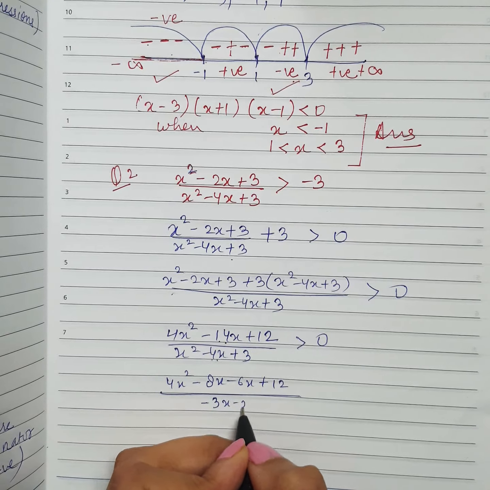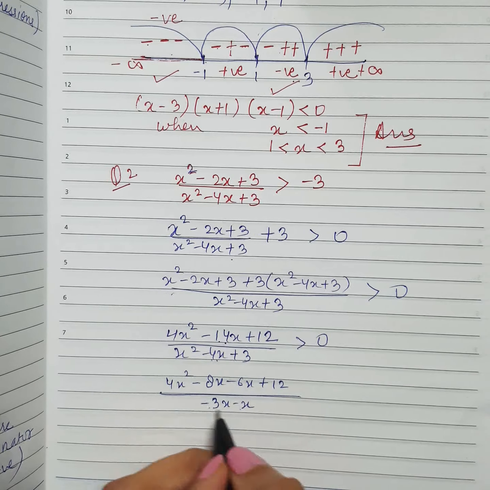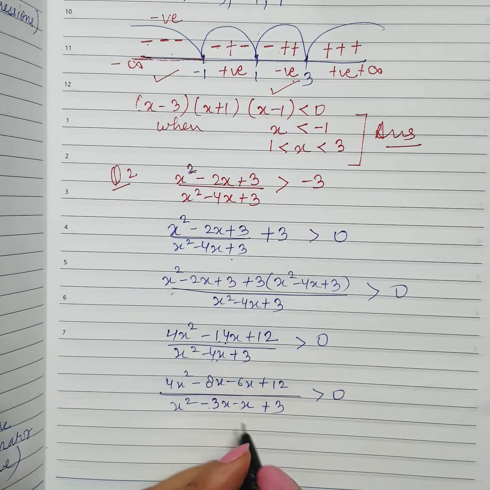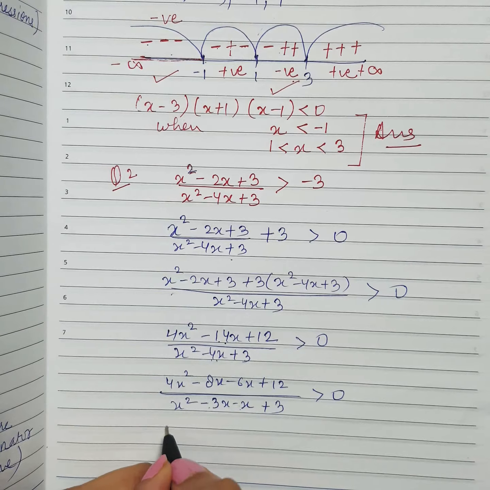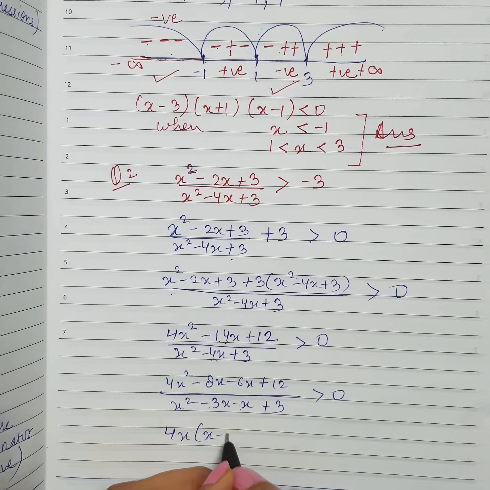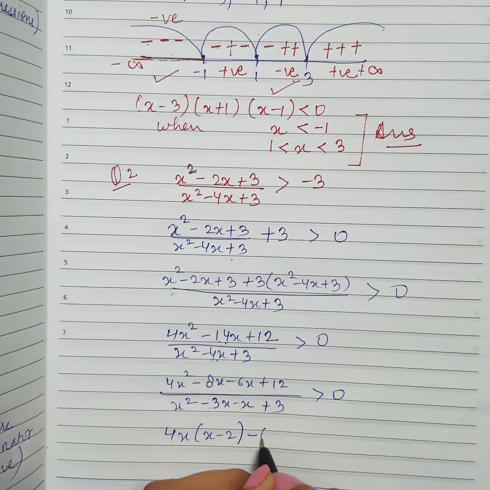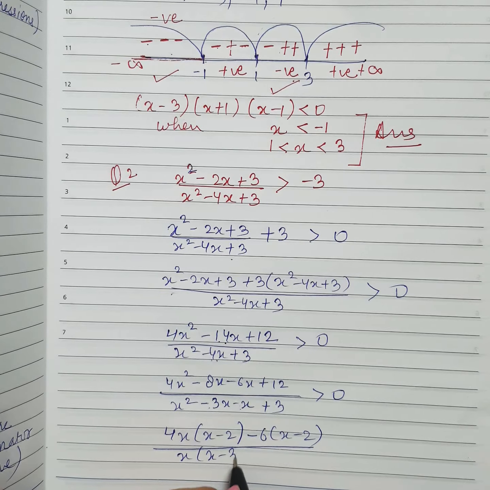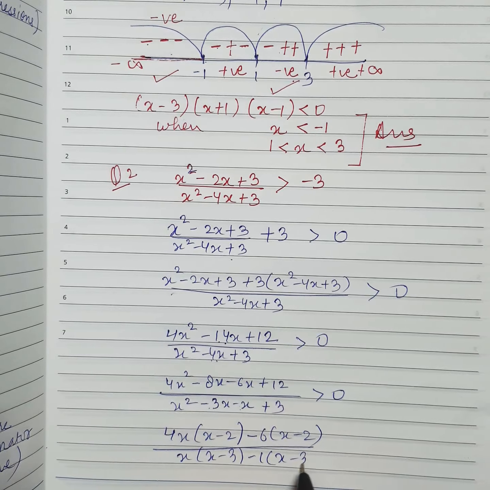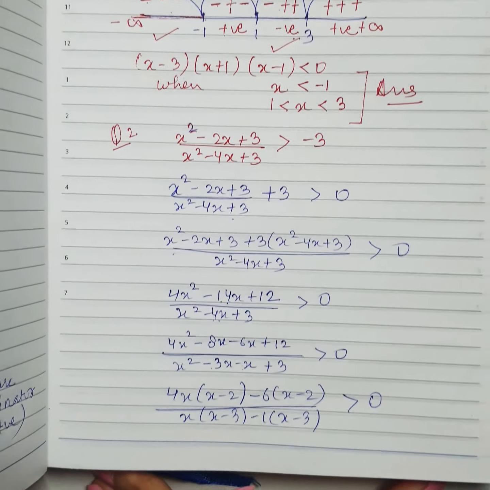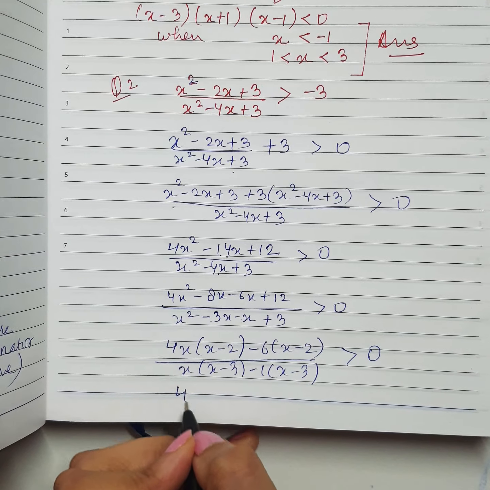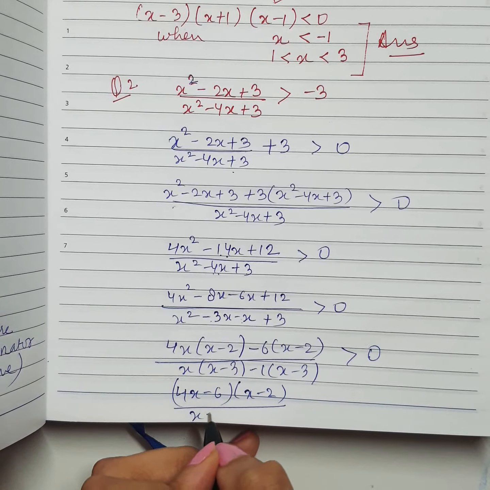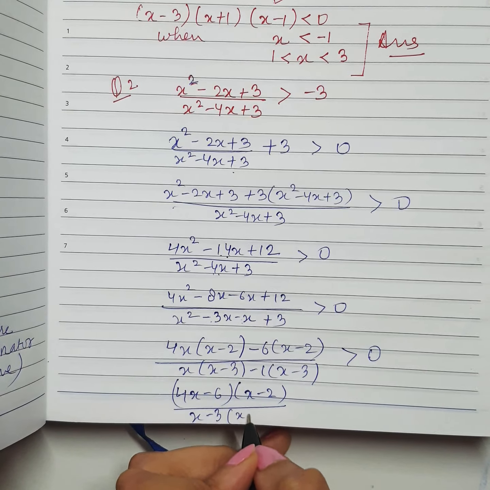So minus 3x and minus x. The product is plus 3 and the sum is -4, right? Taking common 4x, x minus 2 minus 6, x minus 2; x minus 3 minus 1, x minus 3. So finally we have 4x minus 6 times x minus 2, and in the denominator x minus 3 times x minus 1.